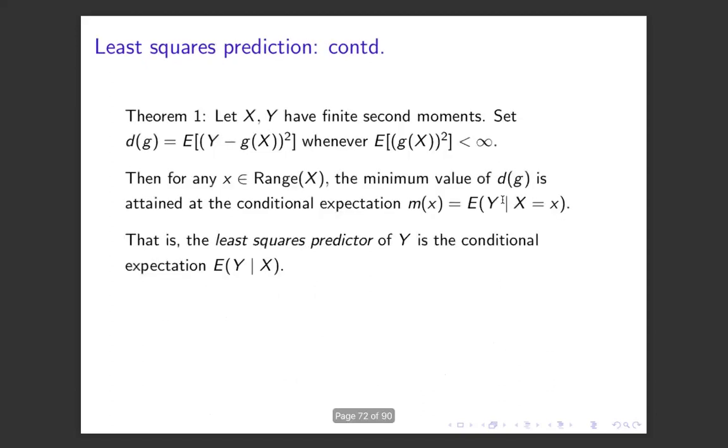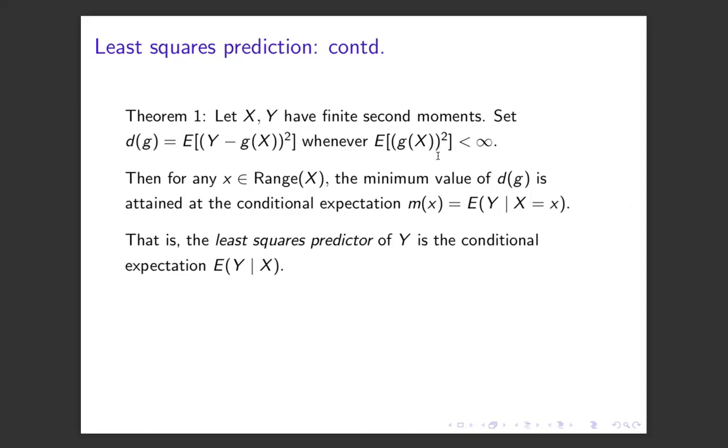Okay. So we will now state this theorem. Let X and Y have finite second moments. Set D of g equal to expectation of Y minus g of X whole square, whenever this makes sense.